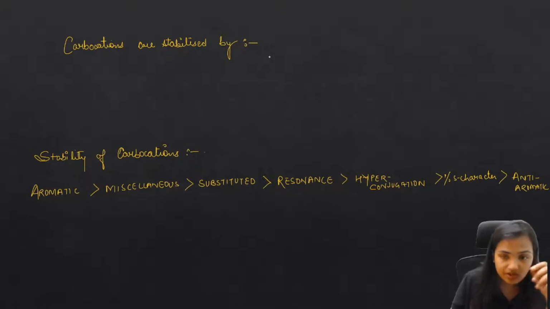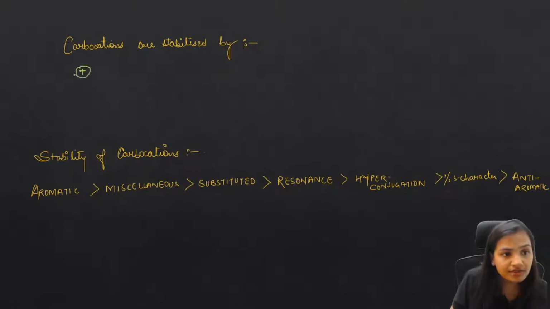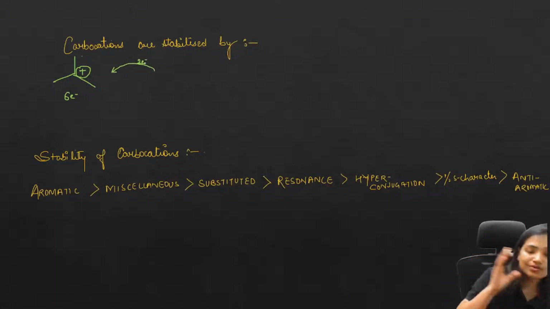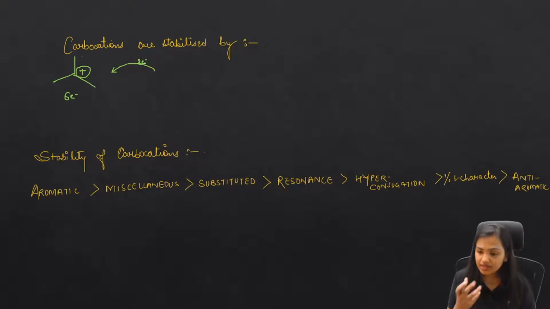Carbocations, you already know, are 6 electron species, so they basically want 2 electrons. So the question is, who can give those 2 electrons? They basically want to stabilize, that's why they are looking for any species that can give an electron pair.